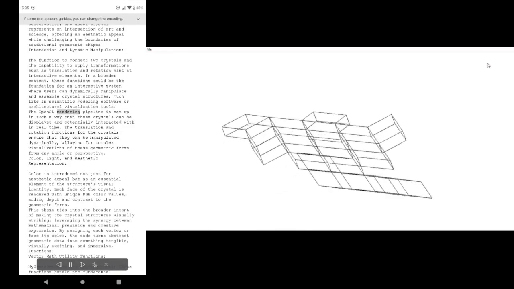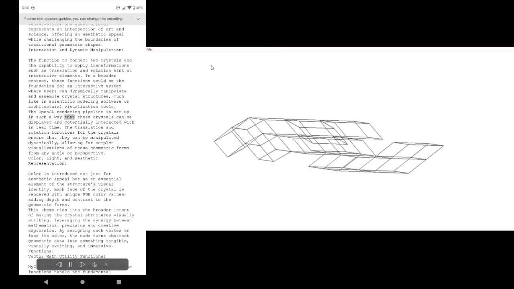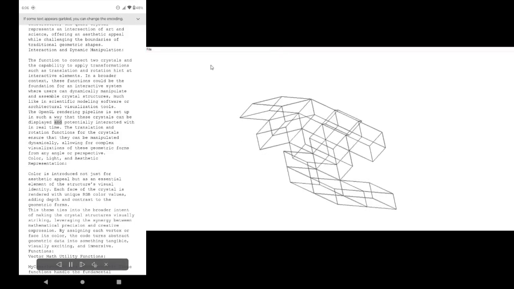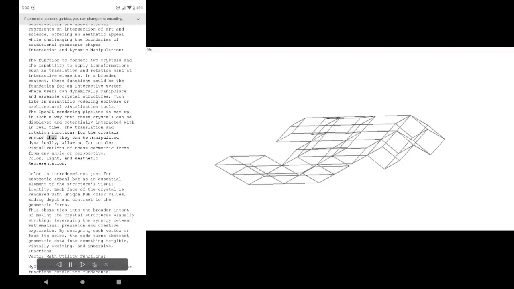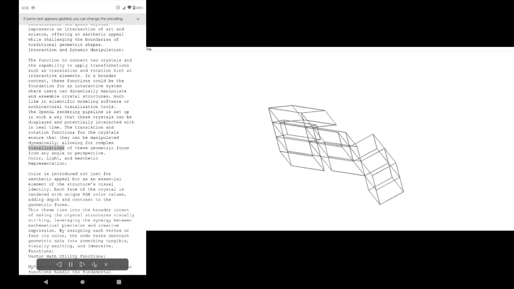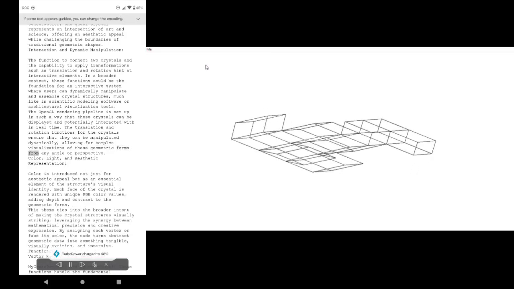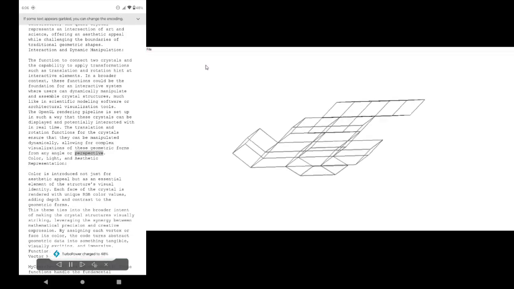The OpenGL rendering pipeline is set up in such a way that these crystals can be displayed and potentially interacted with in real time. The translation and rotation functions for the crystals ensure that they can be manipulated dynamically, allowing for complex visualizations of these geometric forms from any angle or perspective.